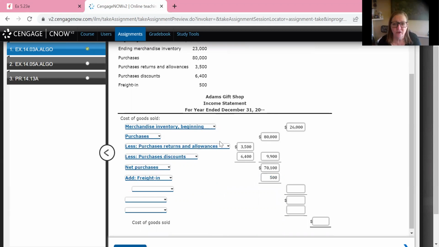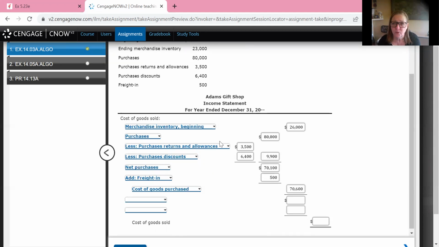Okay, so now we have the total amount that was bought this year. The cost of goods purchased, I guess, is what they're calling this. This is just the new adjusted purchases, basically, and it's 80,000 minus the 9,900 to bring you to 70,100, and then you add the freight in, and that brings you to 70,600. Now that's the amount of add-ons to the inventory that we put in.